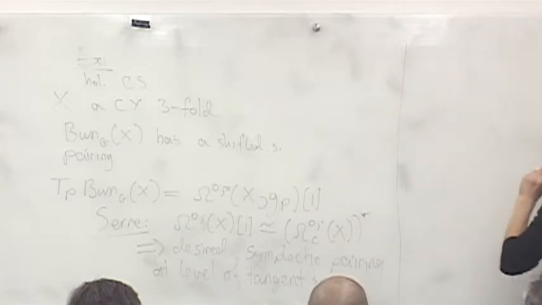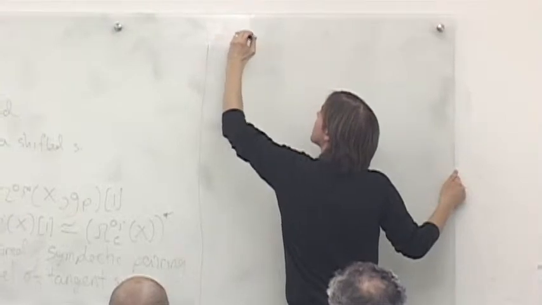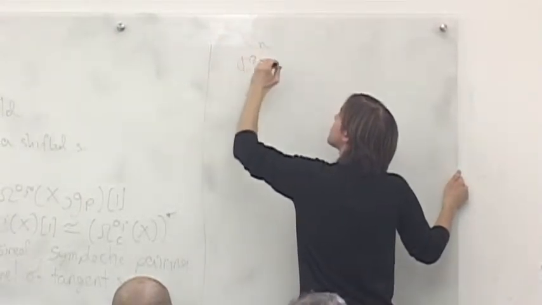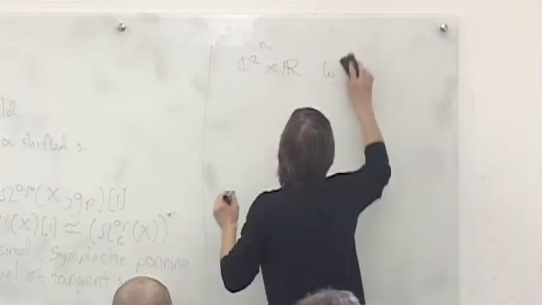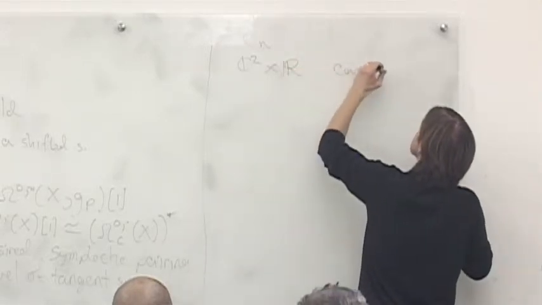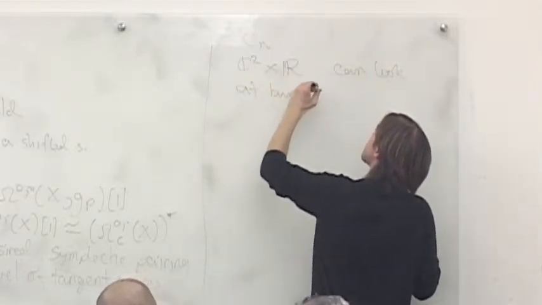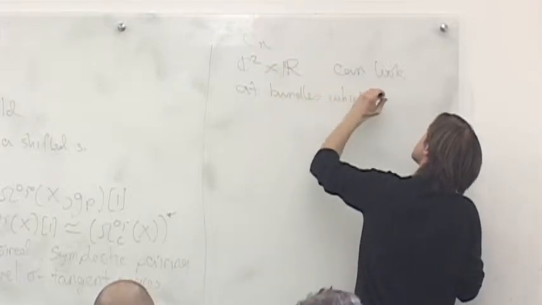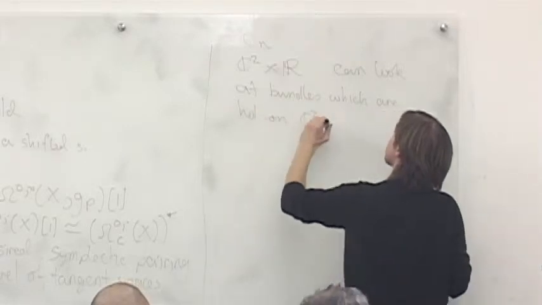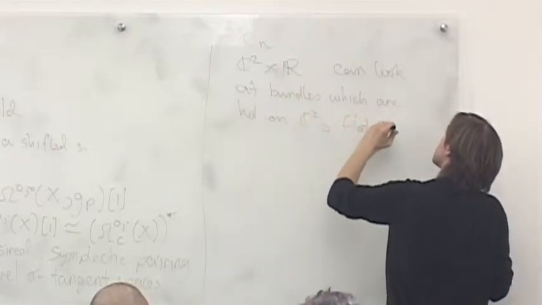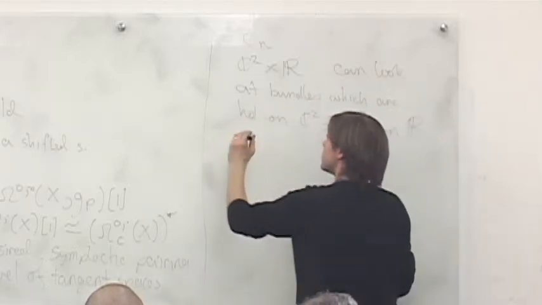And of course, you can take mixtures of this. If we're on, say, C^2 times R, we can look at bundles which are holomorphic on C^2 and flat on R. On R, we also have the structure, for the same reason.